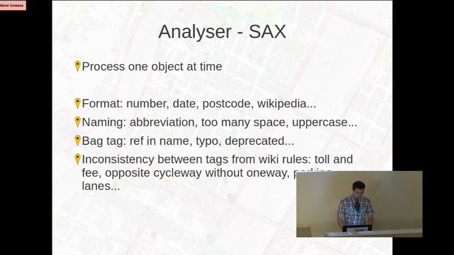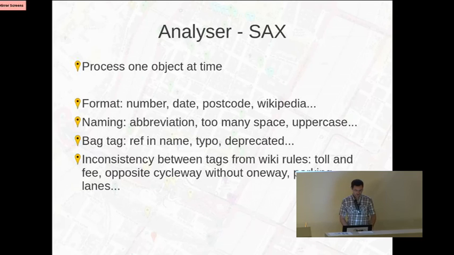I have an example: format number. For example, we check the format of the postcode for every country. On Wikipedia, there is a description of the postcode format for every country, and we check the postcode with a regular expression. We check the Wikipedia name, we can check numbers, dates.